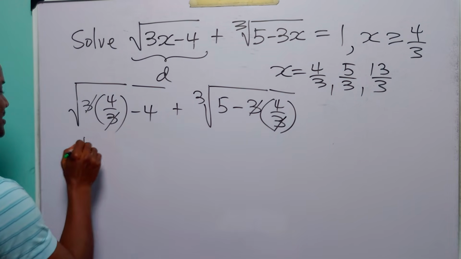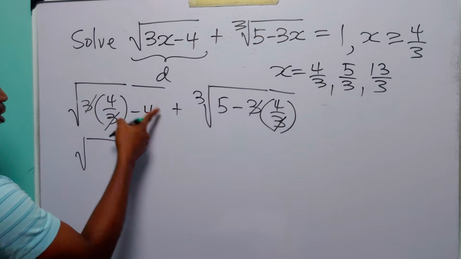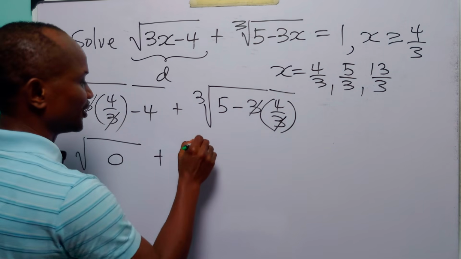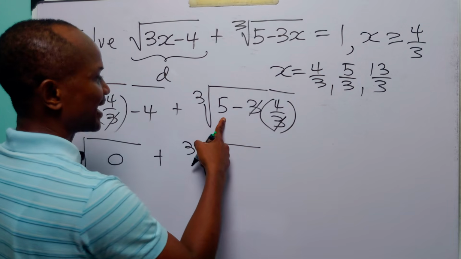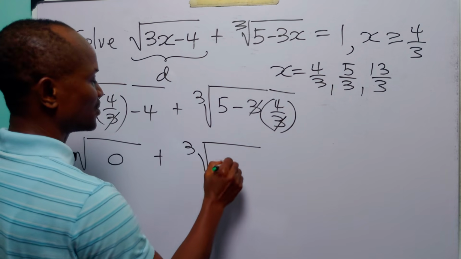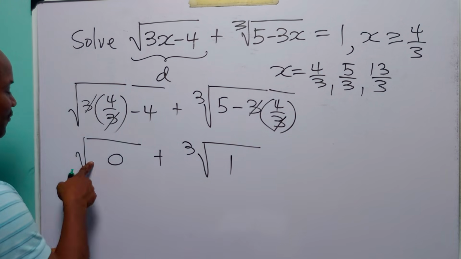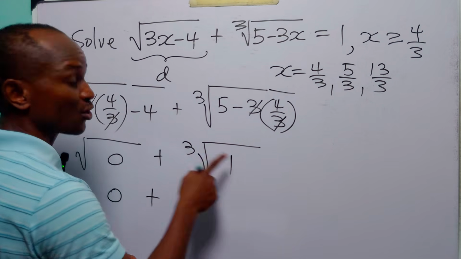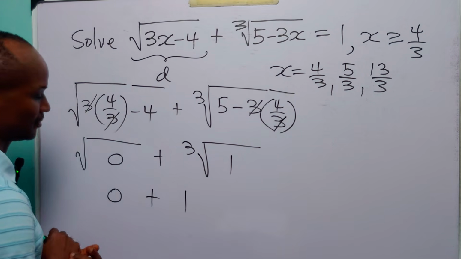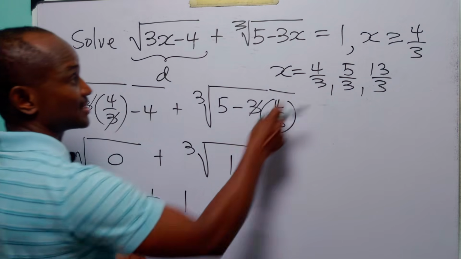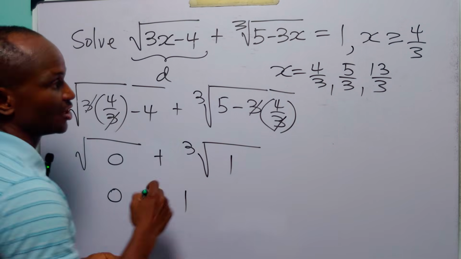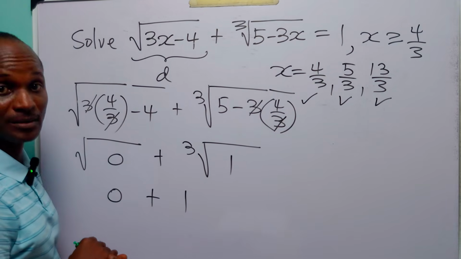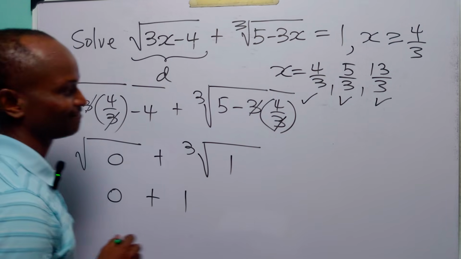We have the square root of 4 minus 4, which is equal to 0, plus the cube root of 5 minus 4, which is 1. Of course, the square root of 0 is 0, and the cube root of 1 is 1. 0 plus 1 is equal to 1. So all three values of x satisfy the original equation.